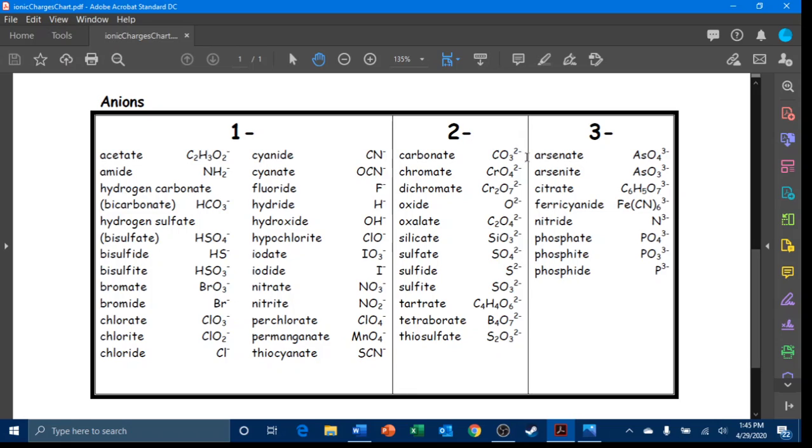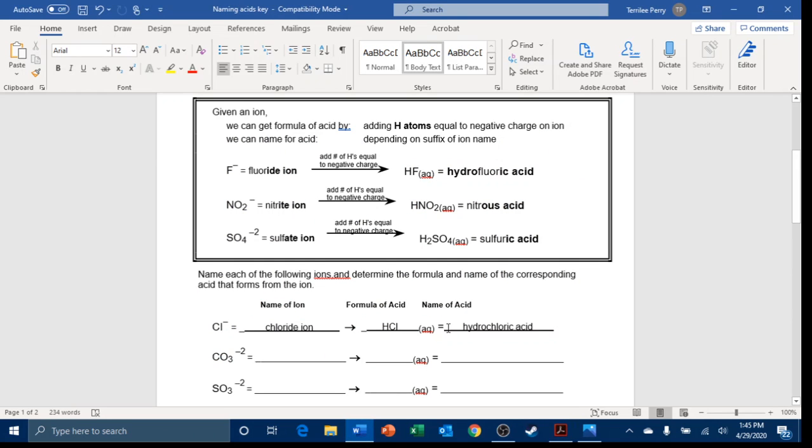Okay, so what they're telling you to do is go ahead and use this for naming or doing the formula. And then the carbonate is for actually naming the acid. So let's do one at a time. Okay, so let's go back over here.